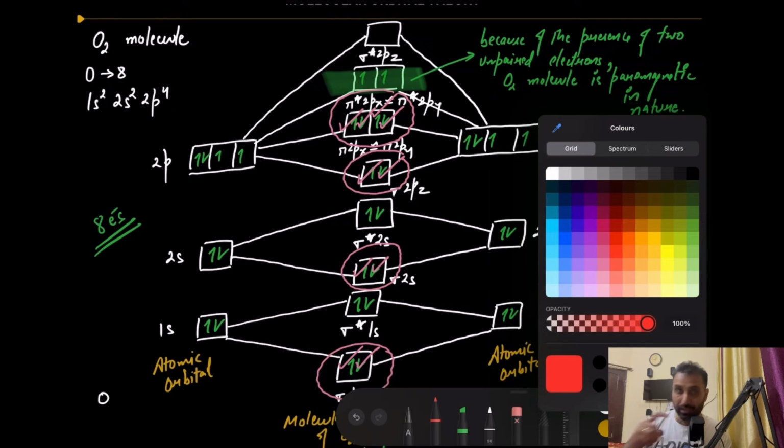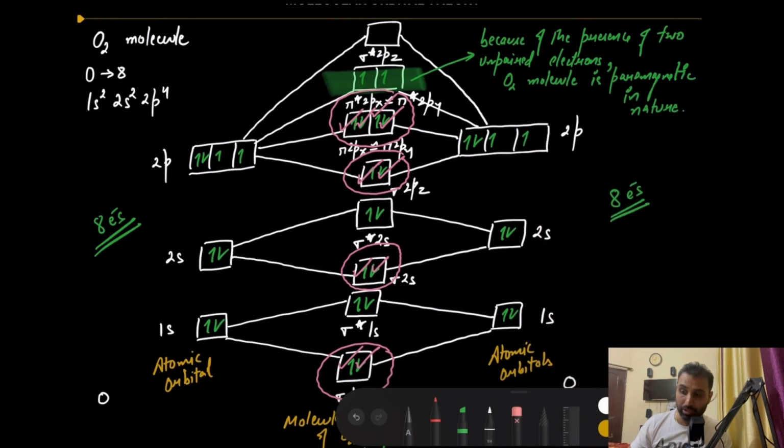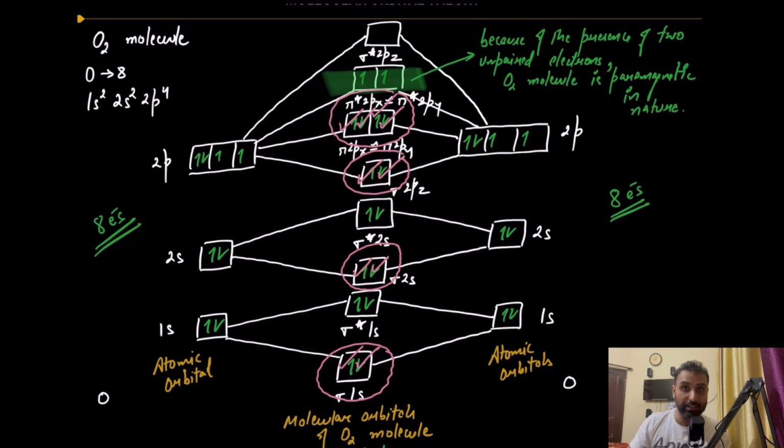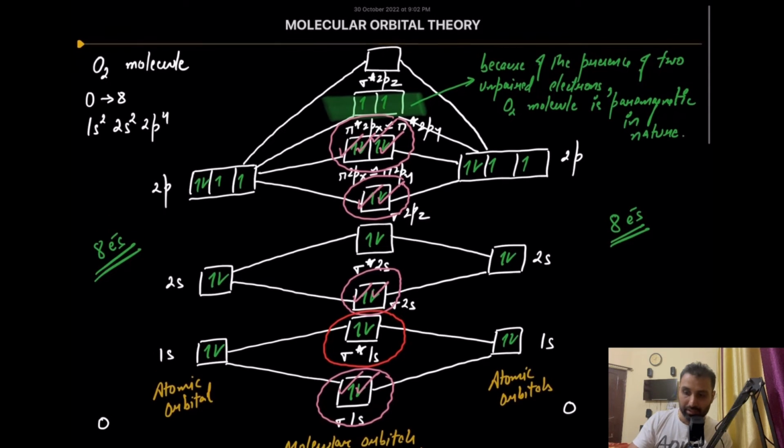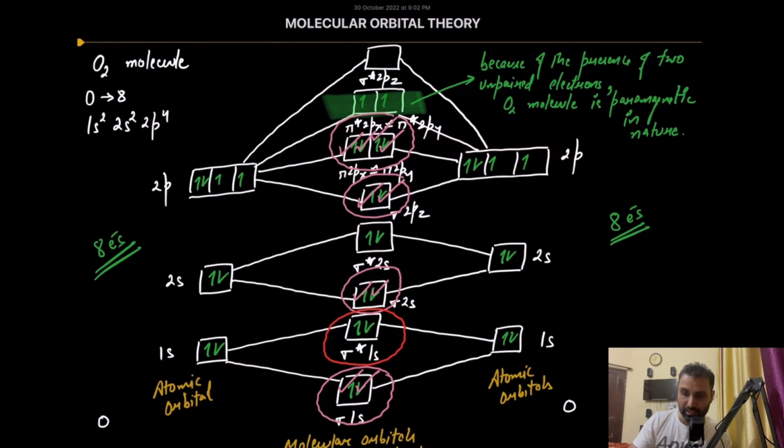Now let's count the number of anti-bonding electrons. Here, anti-bonding molecular orbitals are those on which I have marked the star. And we have to first of all identify the anti-bonding molecular orbitals, and after it we have to count its electrons. So this sigma star 1s is anti-bonding molecular orbital.